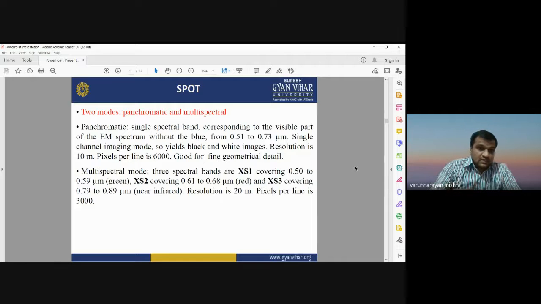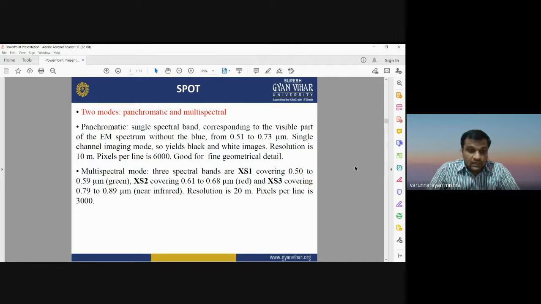This single spectral band yields black and white, or gray level, images. The resolution is 10 meter for panchromatic mode, with 6000 pixels per line, and it is very good for fine geometrical details.